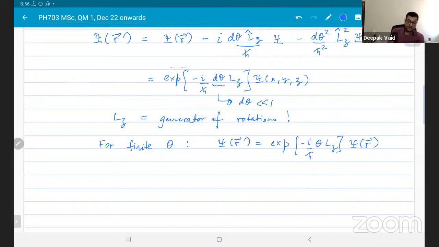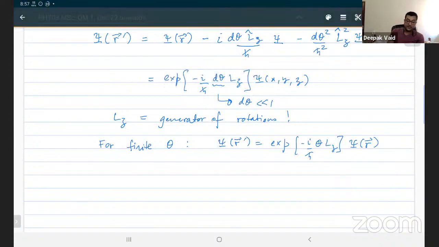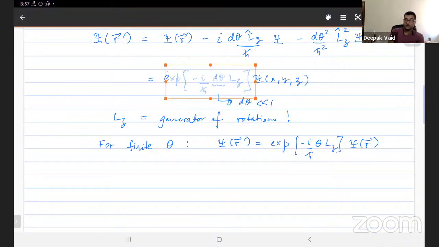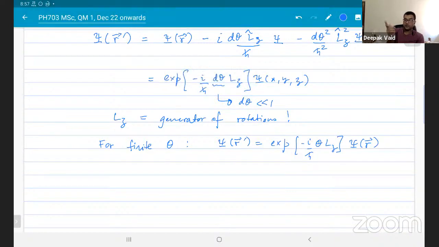Because I just keep acting with many copies of this. I keep doing the rotation by d theta, d theta, d theta, until all of those small d thetas add up to one big theta. So I can write d theta as your finite theta by n, where n is some number much greater than 1.